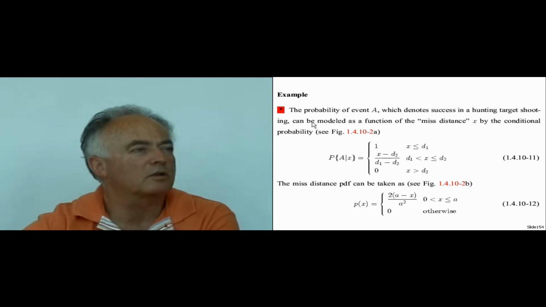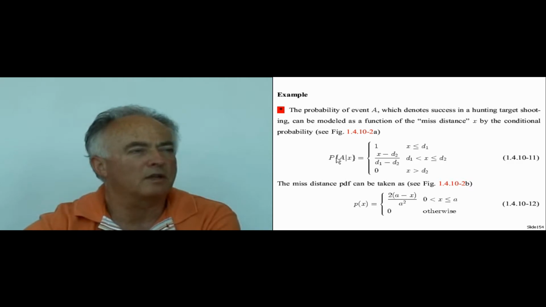Okay, let's look at some examples. We take the event A as success in hunting, or target shooting if you want, and this can be modeled as a function of the miss distance x by a conditional probability.